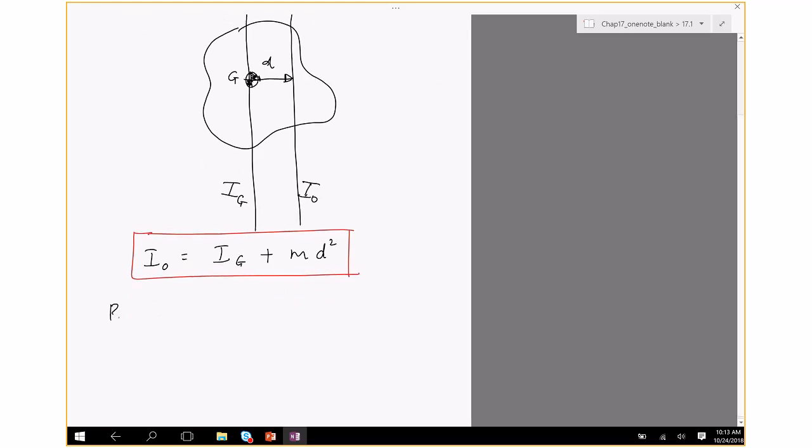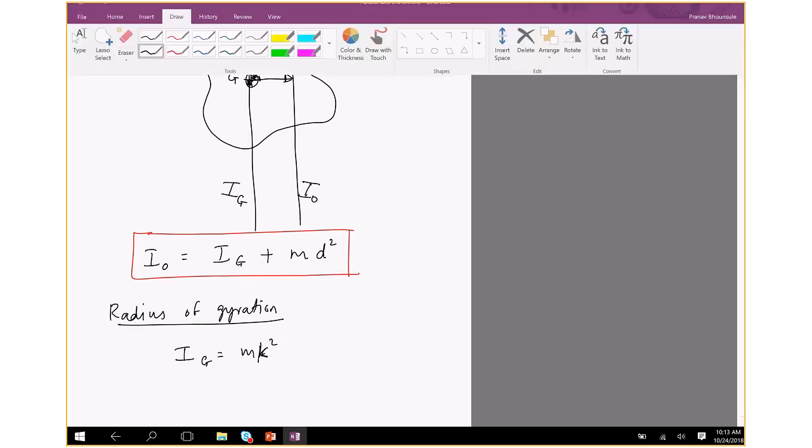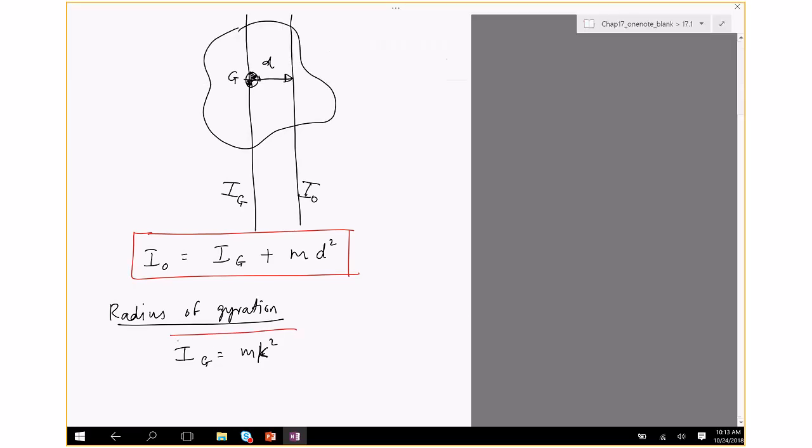The final thing you got to know is radius of gyration. So radius of gyration is basically if you take any geometry and collapse the inertia to a thin ring, which has an inertia of mr square, then the inertia can be represented using this formula.